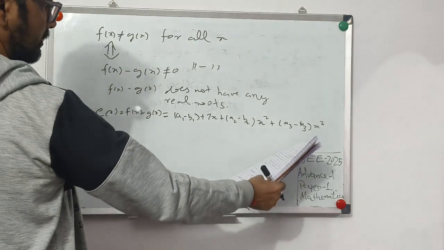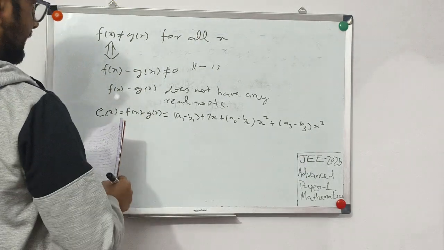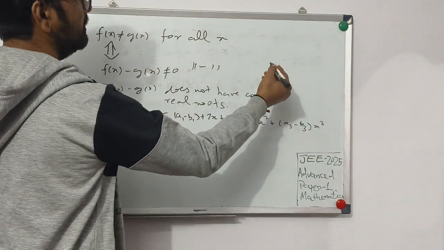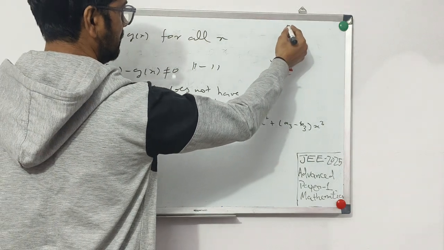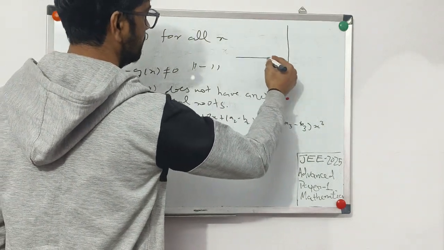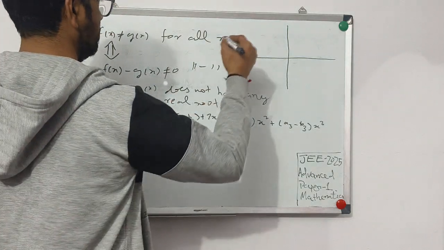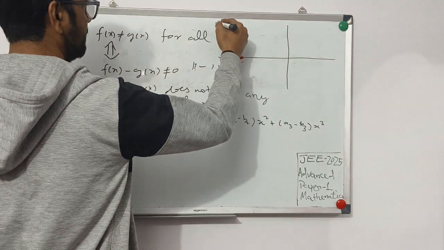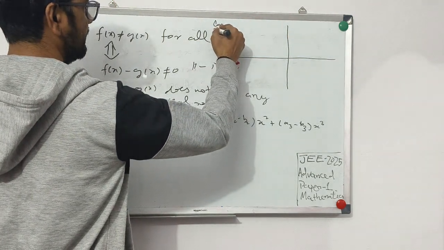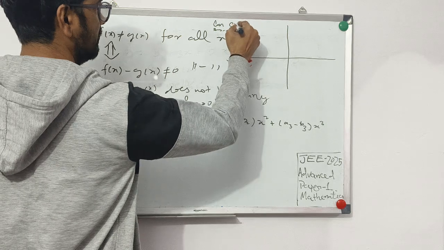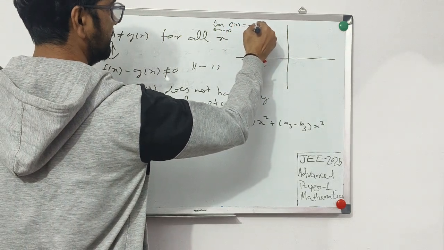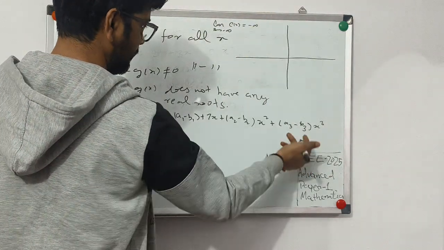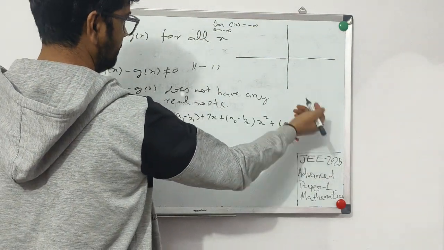If the third coefficient is non-zero, then it is guaranteed to have a real root. Why? Because a third degree polynomial, if we draw its graph, if we suppose that a3 minus b3 is not 0, then if we take the limit of e(x), x tending to minus infinity, we will have minus infinity, because this x cube term will decide the sign. Let's suppose a3 minus b3 is positive.